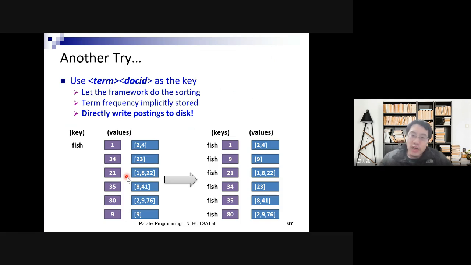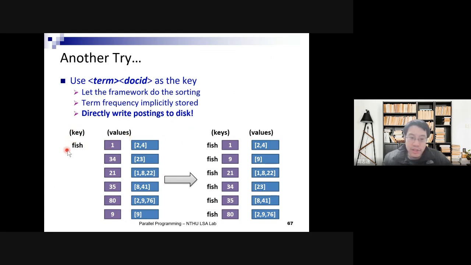What it means is that we not only want to sort the records by their key. For each key, we also want to sort its values by some of the content in the value, such as the document ID in this case. The way to do that is, as you can see over here, originally this is the definition of key values from the map function.